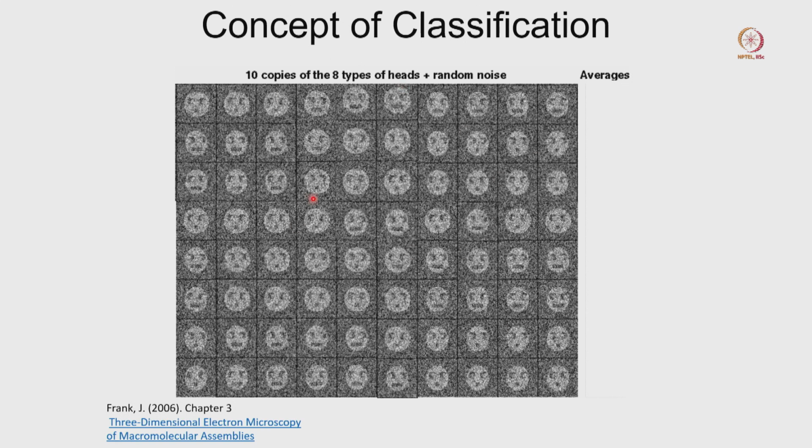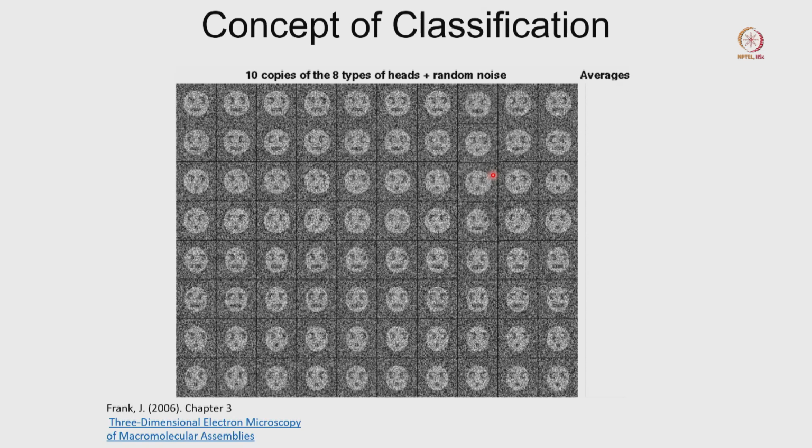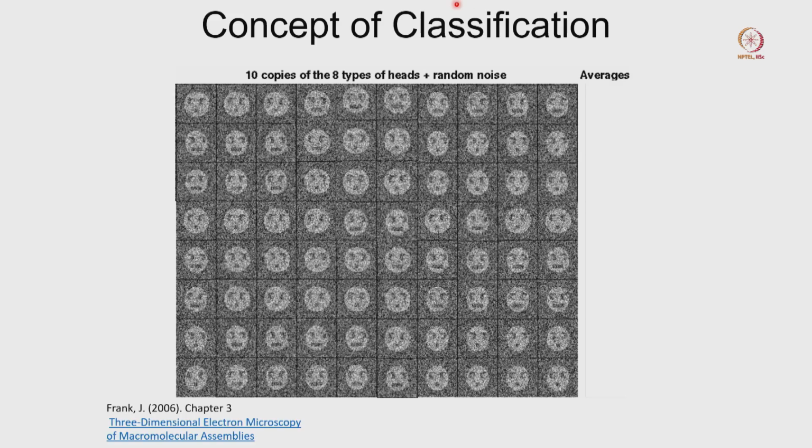Now what we have to do is look at those particles, align them, and group them into one particular class. Initially they are not aligned properly, so they are mixed up, but if I just click here you can see it.